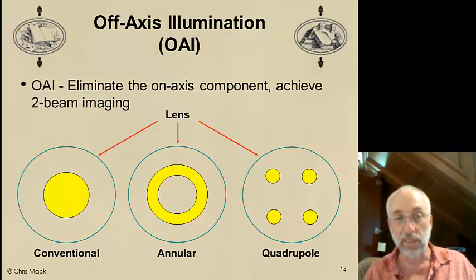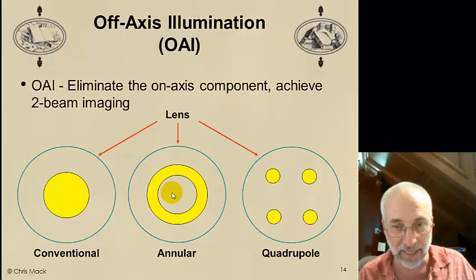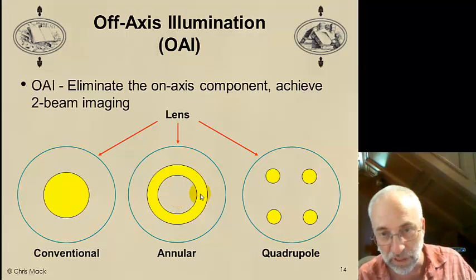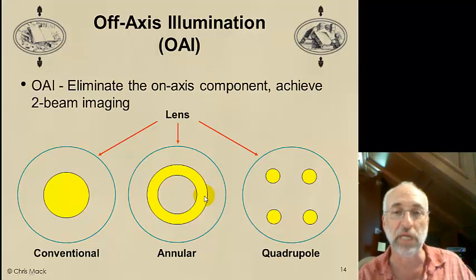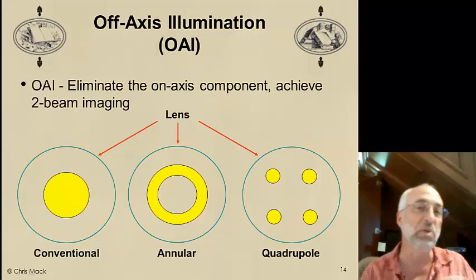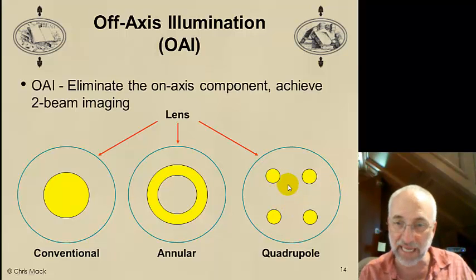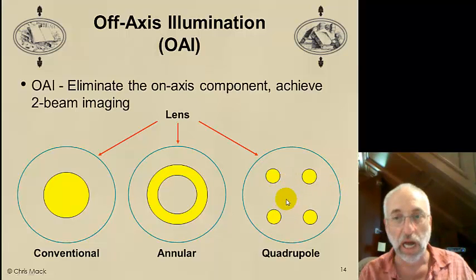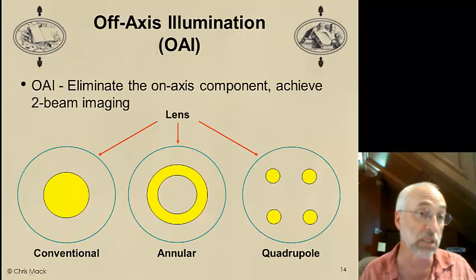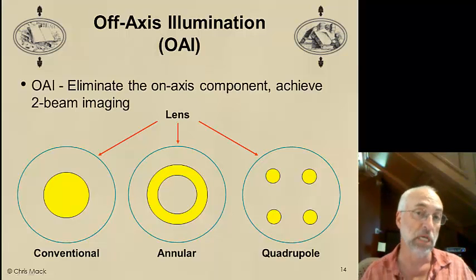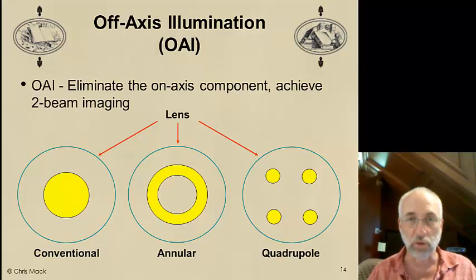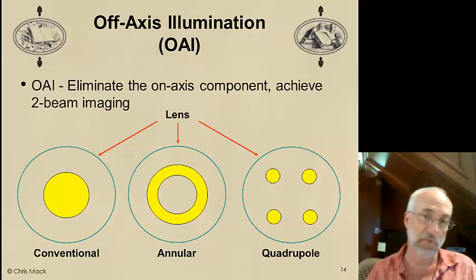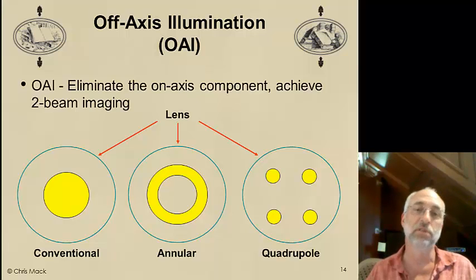And we do that by essentially tilting the light. I mean, when I illuminate only with light off axis, I'm creating tilted illumination. And the tilted illumination is what gets me two-beam imaging. And by not having any illumination in the middle, I eliminate the possibility of three-beam imaging. So we use what is called off-axis illumination, or OAI. We love three-letter acronyms in the world of semiconductor processing.